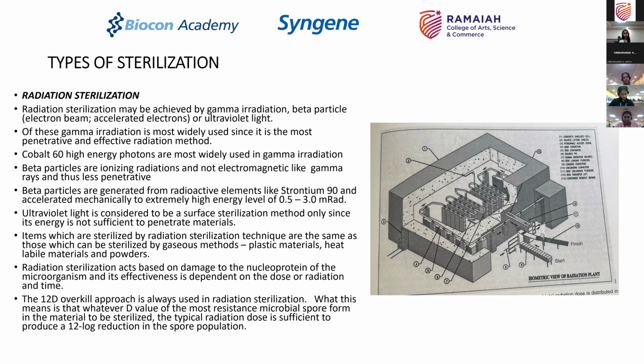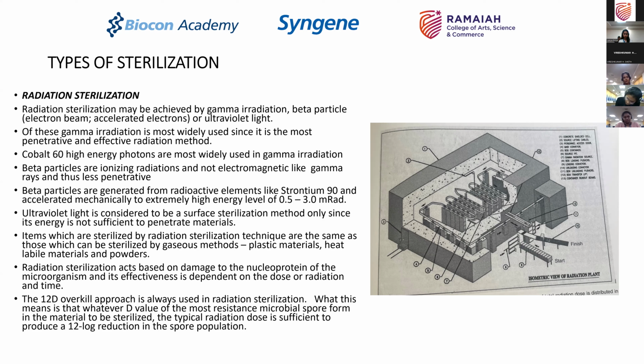How does it act? When you have a particular radiation dose and expose the microorganism for sufficient time, it damages the nucleoprotein of the microorganism, as a result of which the kill is achieved. When doing radiation sterilization, an overkill approach is always used.